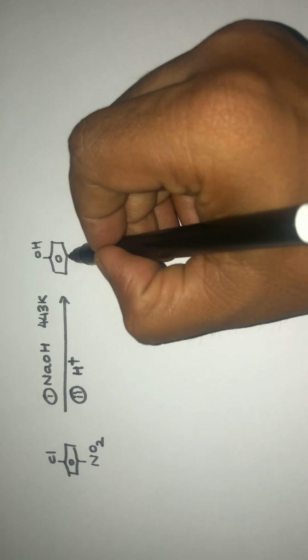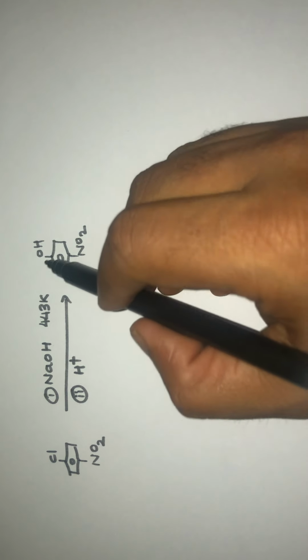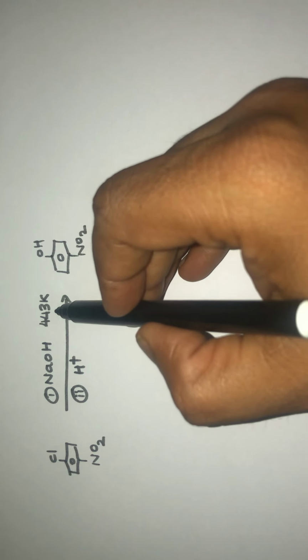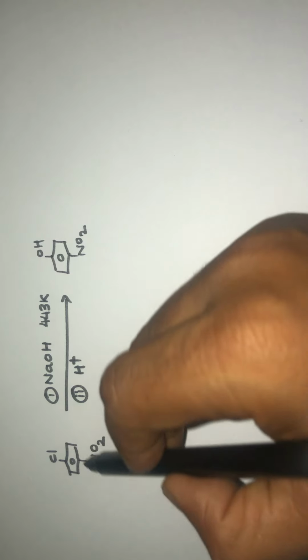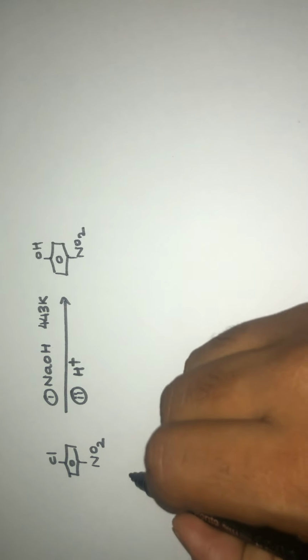The presence of NO2 group has increased its reactivity. If there is no NO2 group, the temperature required was 573 Kelvin. Now the temperature required is 443 Kelvin for the same reaction. That means an NO2 group, that is an electron withdrawing group, if present, increases the reactivity of these halogens.